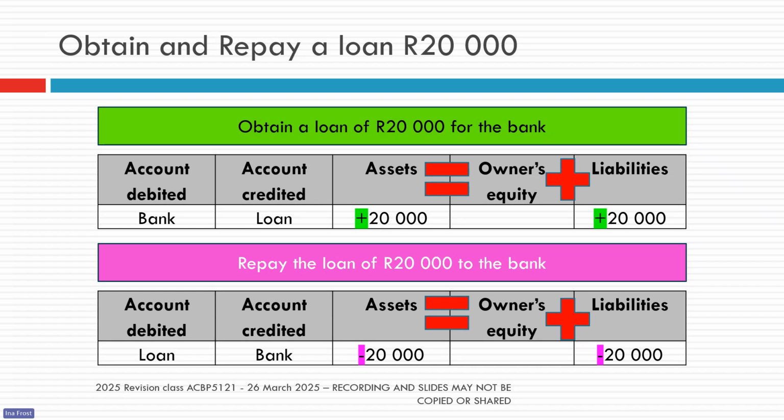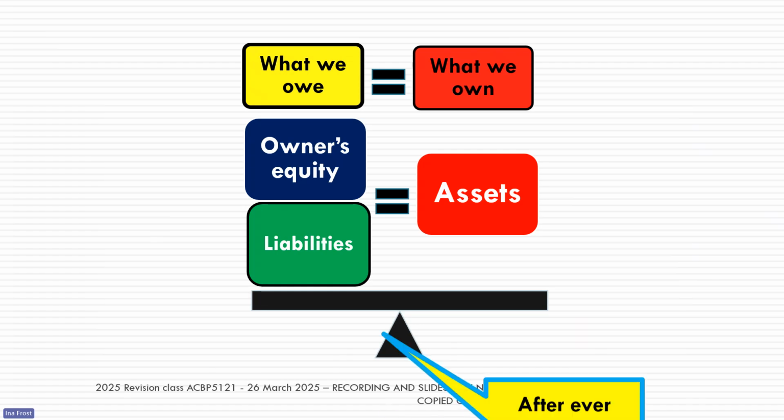So in a nutshell, those are the 10 most commonly asked transactions. If you can get your mind around those transactions, you'll see that there aren't many other types of transactions that we can ask you that don't sit within those 10.